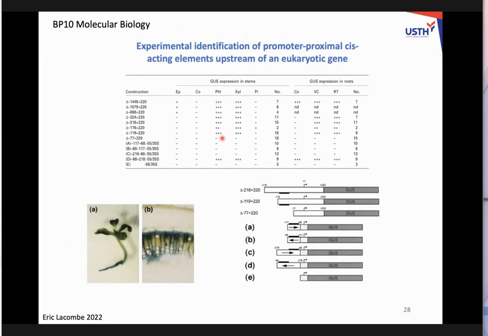So if this part is clear, now we're going to add a little bit more complexity to the analysis. When we compare the minus 119, which is working, to the minus 77, which is not working, the conclusion is that sequences between minus 119 and minus 77 are necessary.